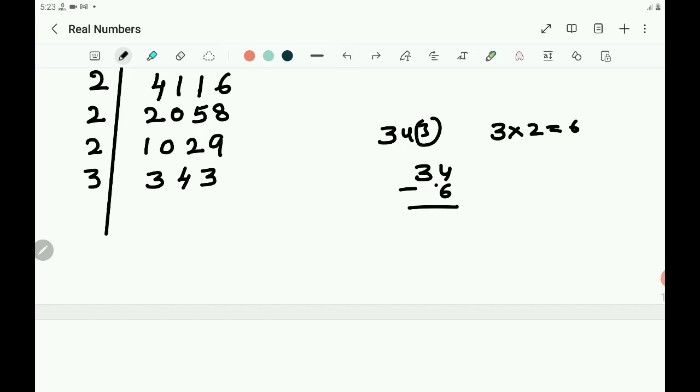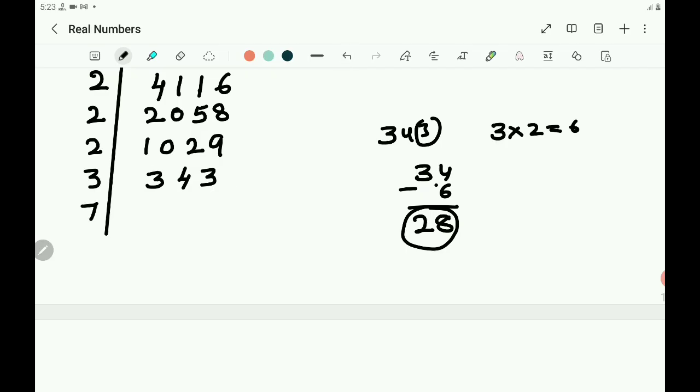In that case, take 1 from 3, that becomes 14. 14 minus 6 is 8. Here what is remaining? 1 is already taken. 2 is remaining. So you got 28. You know that 28 is divisible by 7. Therefore, this 343 is also divisible by 7.